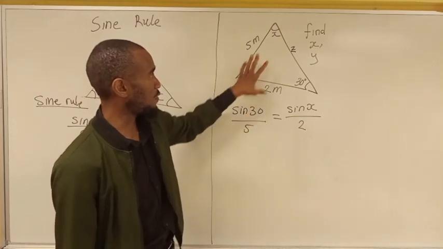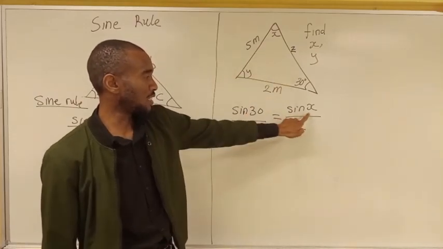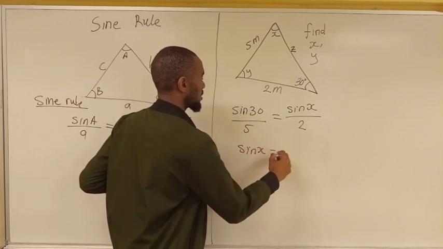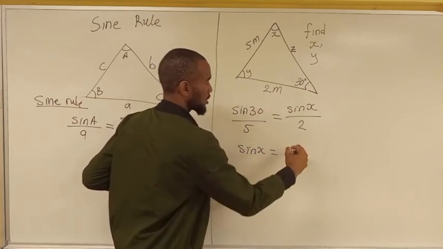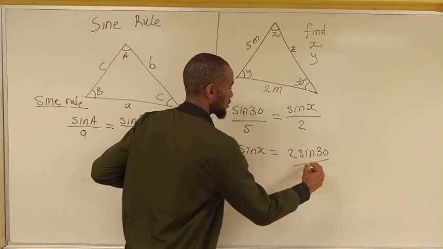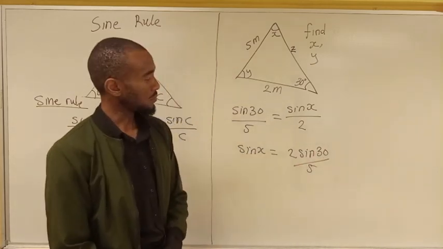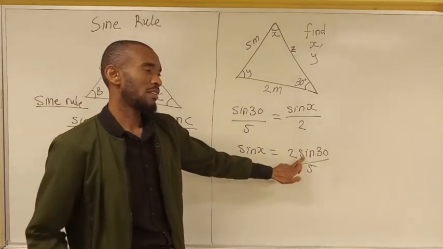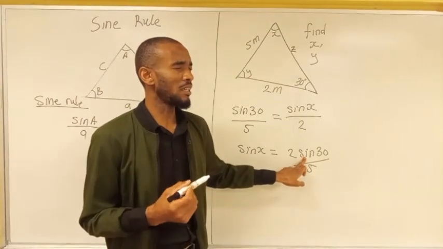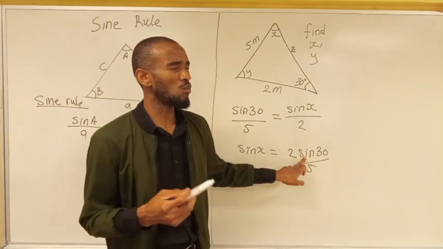Now, I can just make sine of x equal to 2 sine of 30 all over 5. But I know from the functions we've done previously that sine 30 must be 1 over 2.